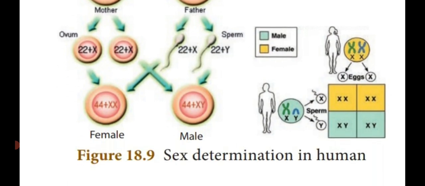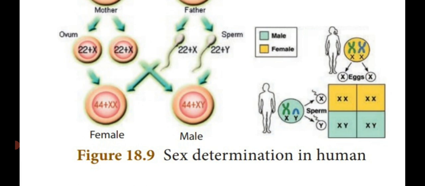Both of them join together to form again 23 pairs, 44 plus XX in female. If it is 44 plus XY, that newly born baby is known as male. So that is the sex determination present in humans.